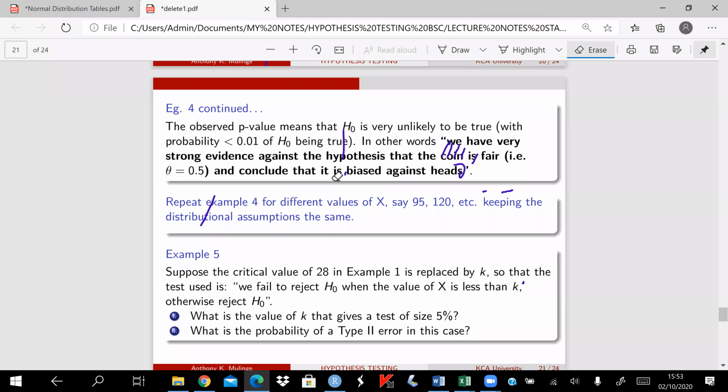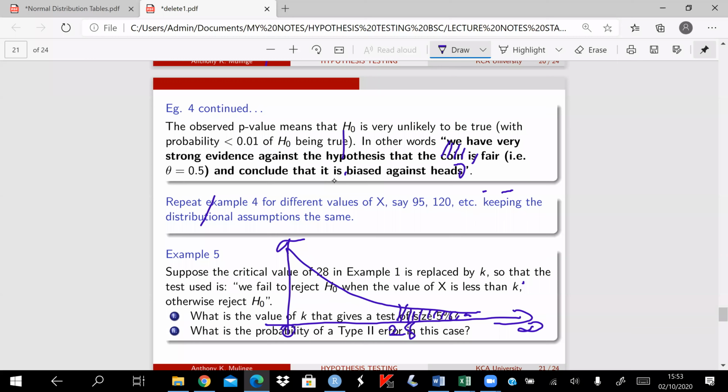Let's recall that example. That was exponential distribution, and this is how you can sketch it. Remember, we had a cutoff point here, which was 28, from 0 all the way to infinity.